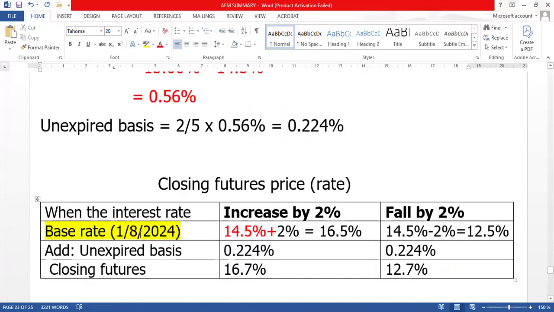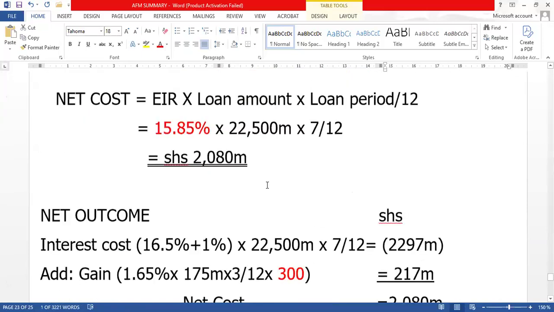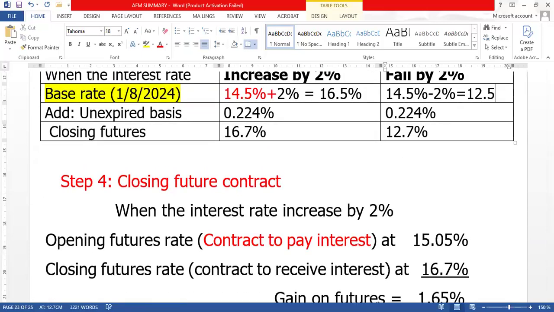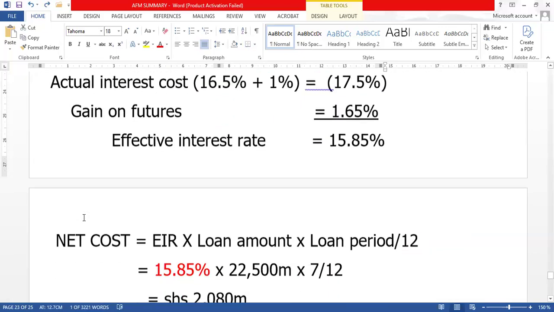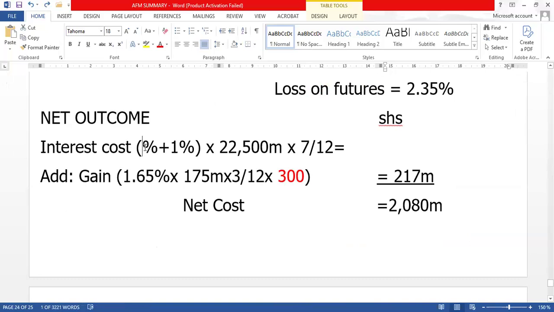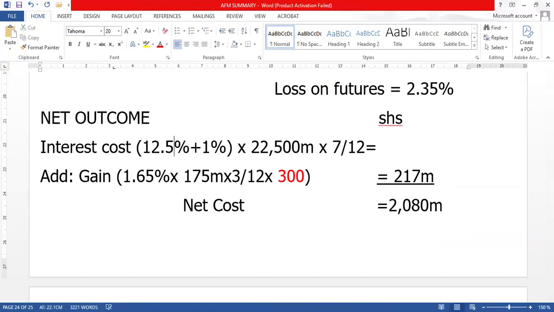On 1st August, it is 12.5, plus the basis point, which is 1%. Other things remain the same.